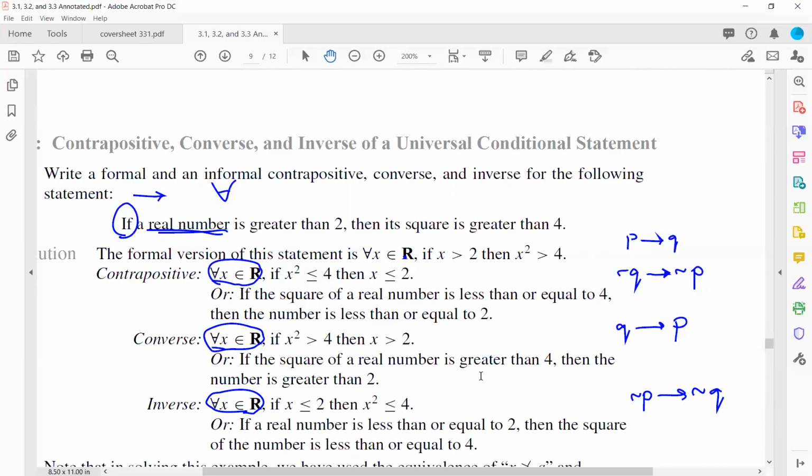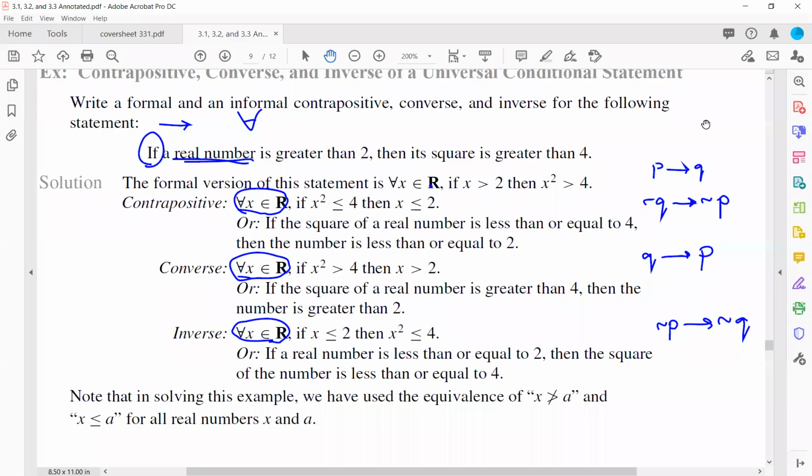That's how we form the contrapositive, converse, and inverse of a universal conditional statement. Again, here's a note for you. X is not greater than A is the same as saying that X is less than or equal to A.